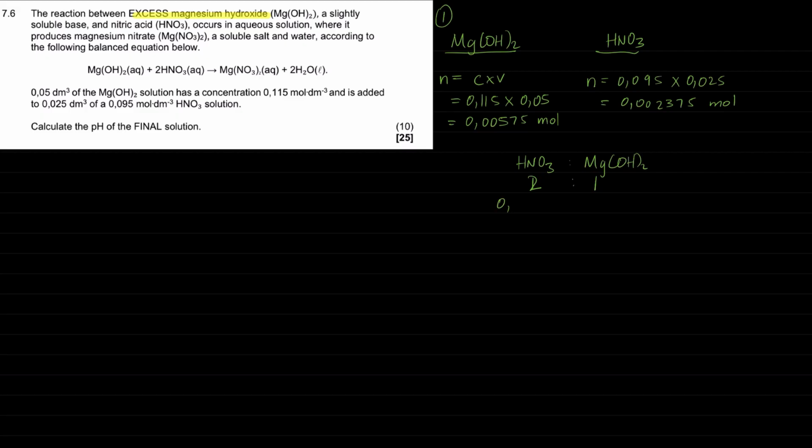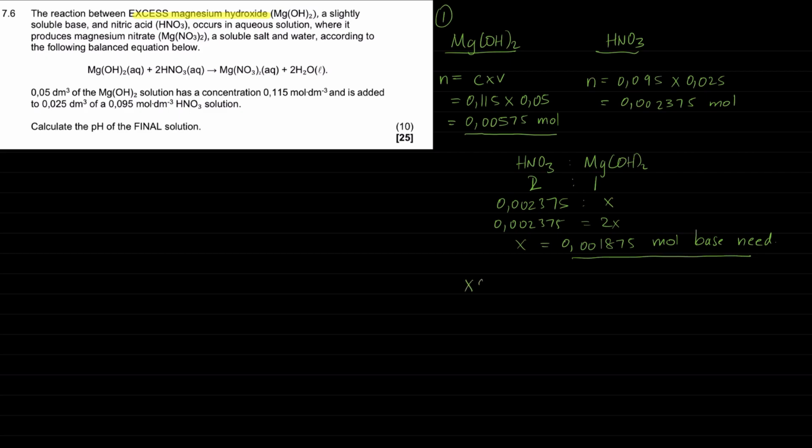If we have 0,002375 and we need X, we can cross multiply. So 0,002375 equals 2X. That means X is equal to 0,001875, and this is moles of the base that we need. So this is how much we have, and this is how much we need.